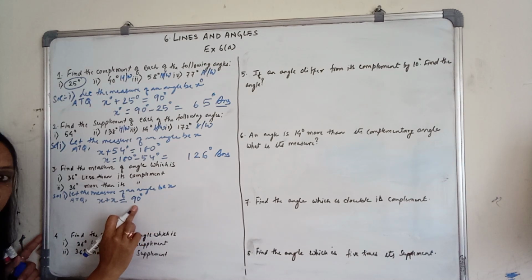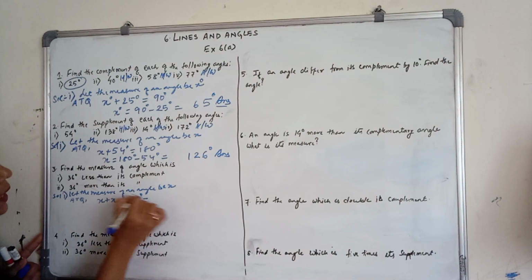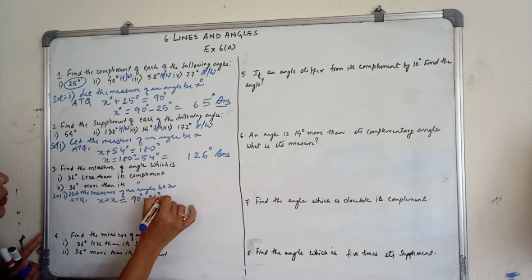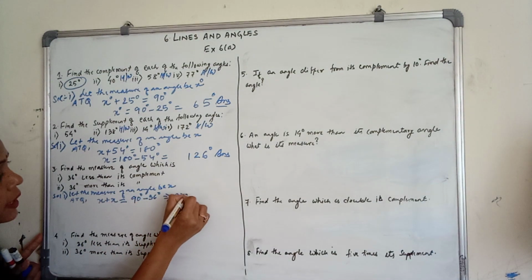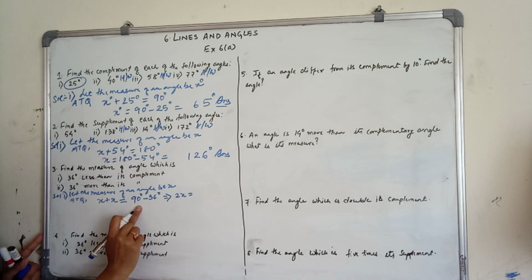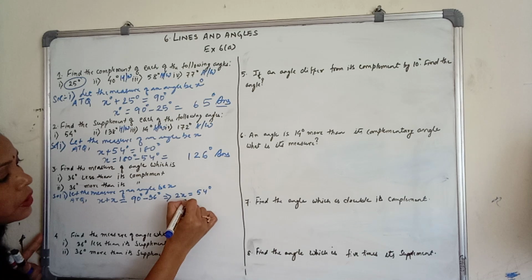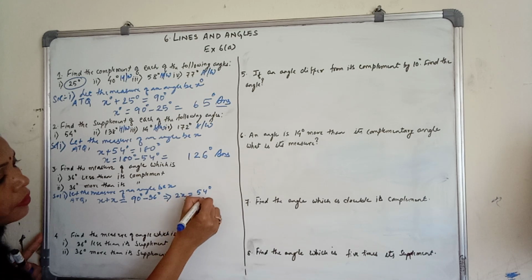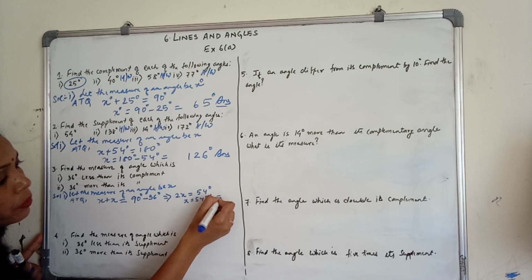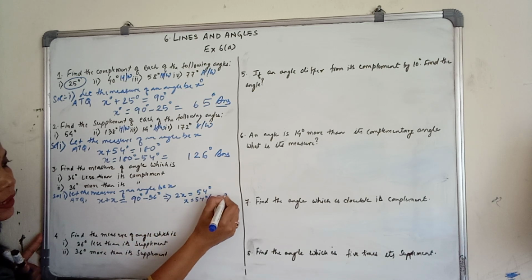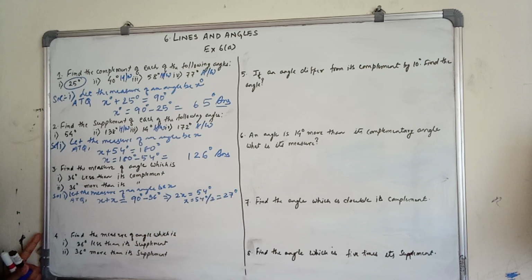Complement is what? 90 degrees, so minus 36 degrees. So 2x is equal to 90 degrees minus 36, which is 54 degrees. So x is equal to 54 degrees divided by 2, which is equal to 27 degrees.